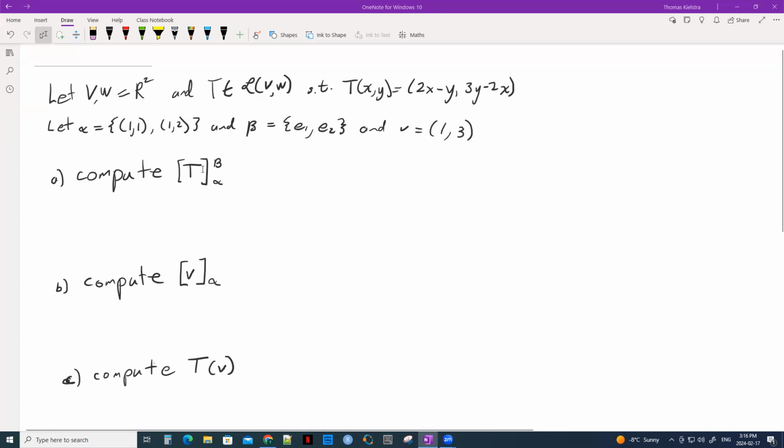To do this, we need to look at what T of (1, 1) is, because I'm looking at T in terms of my alpha basis, going one vector at a time.